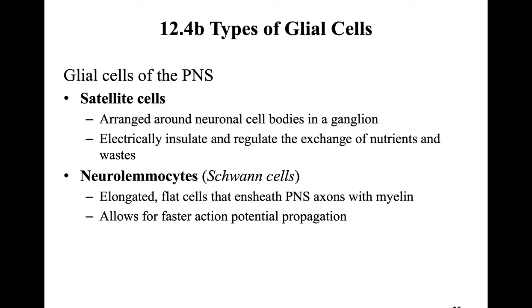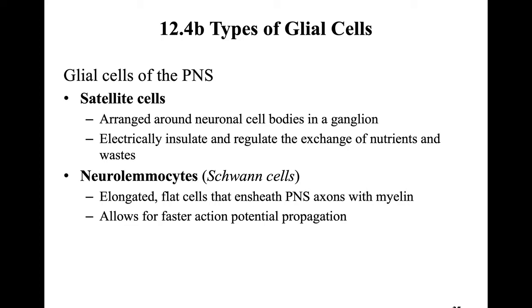Okay, now I'm changing gears again, and we're going to look at the neuroglia of the peripheral nervous system. That's what PNS is, peripheral nervous system. If you look at the second bullet that I care for, it says neurolemmocytes, something I mentioned earlier. I told you that neurolemmocytes are also called Schwann cells, and these are the ones that make myelination.